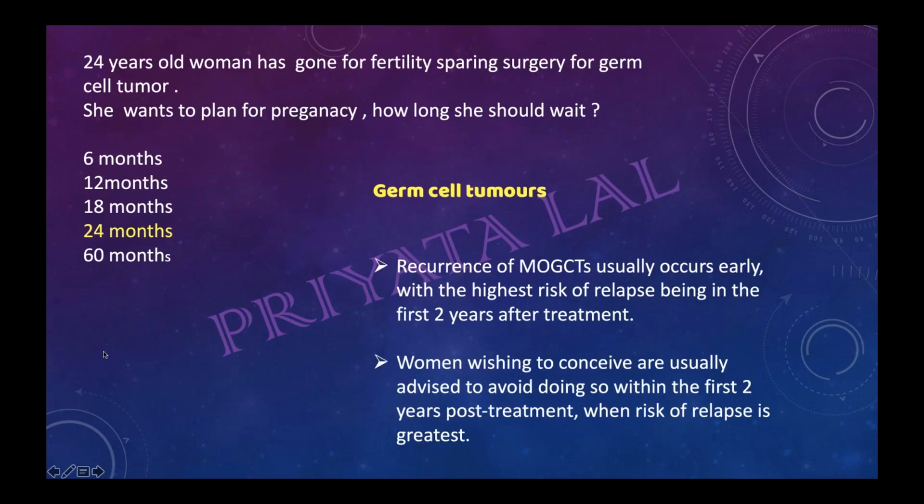Yes, 24 months. Very good. Recurrence of germ cell tumor is usually highest within the first 2 years of treatment. So women who wish to get pregnant, we should ask them to avoid the first 2 years post treatment. So this you may get in a question.